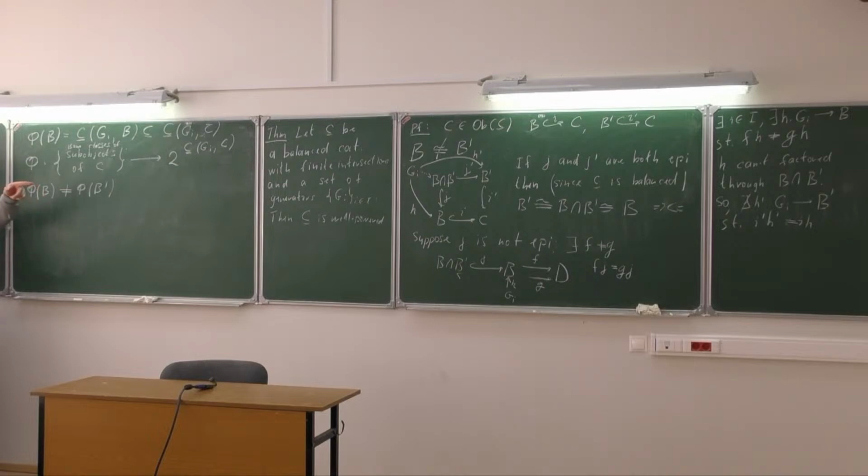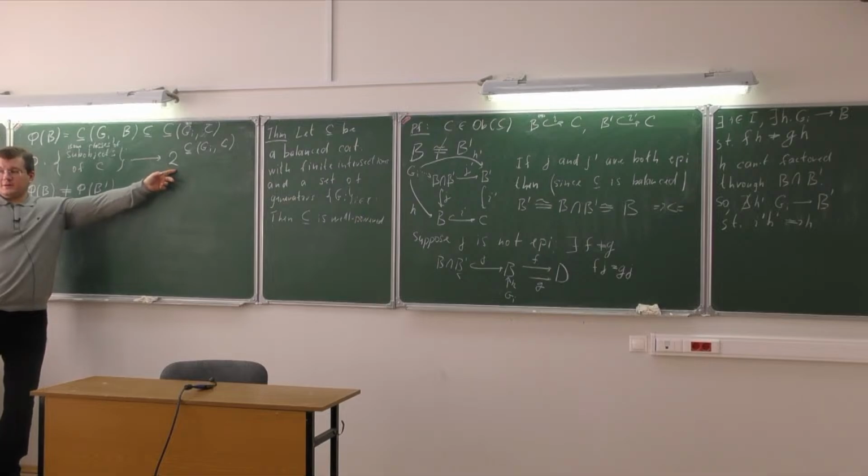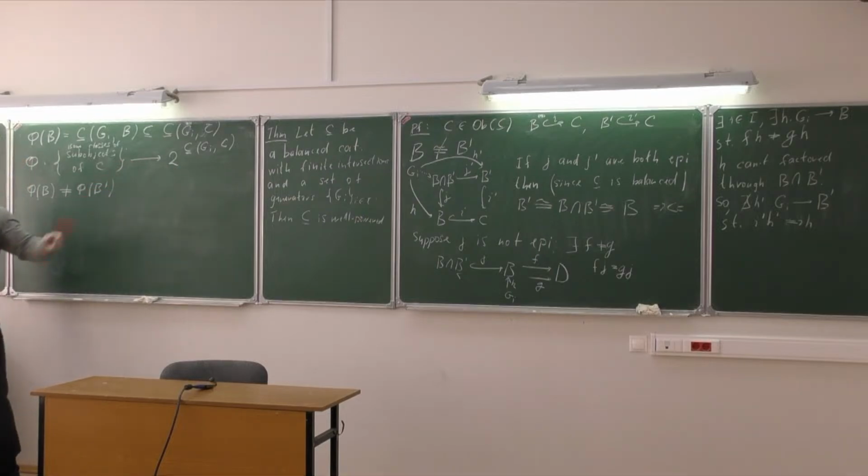Well, that's precisely that argument. We constructed an element H which is in this set, but it's not in this set. Hence, these two sets are different. So we take a class and interpret it as a subset in this set. Hence, this is not a class, this is a set.